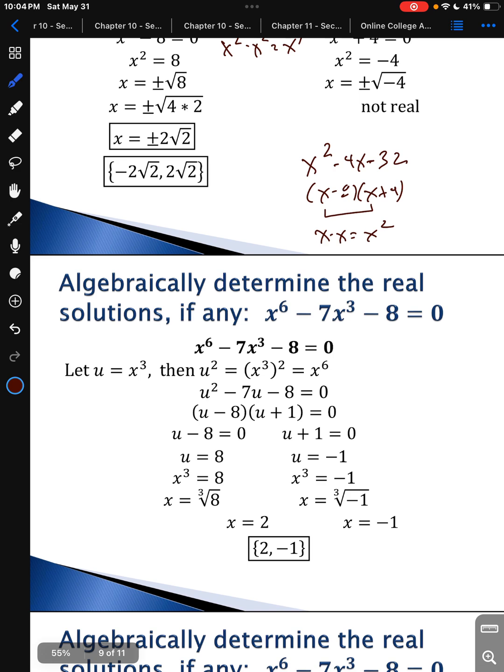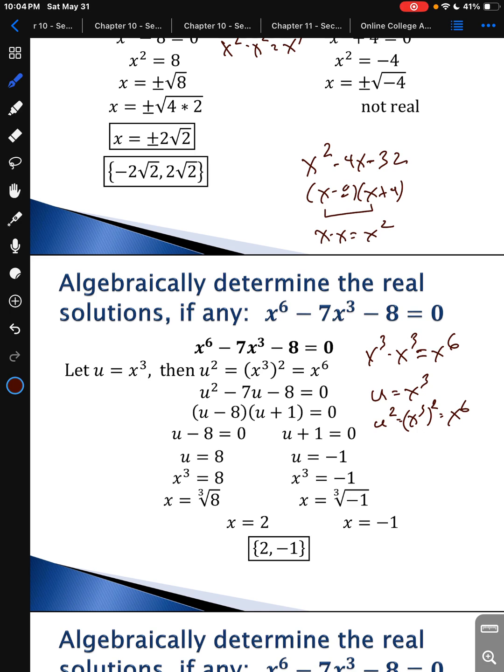Again, on this one, the trick is we're using a technique called u substitution, but the same thing holds. x to the third times x to the third equals x to the sixth. In this case, they're letting u equal x to the third, because u squared equals x to the third squared, or x to the sixth.